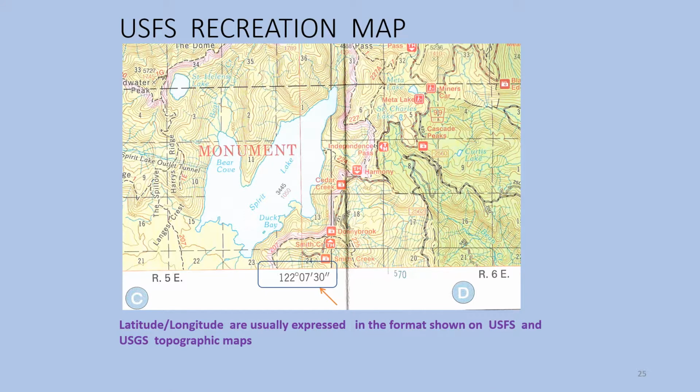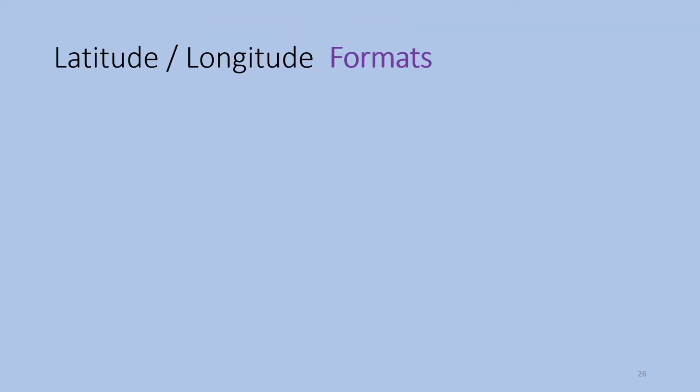Latitude and longitude are usually expressed in the format shown on U.S. Forest Service and U.S. Geological Survey topographic maps. There are three commonly used formats.